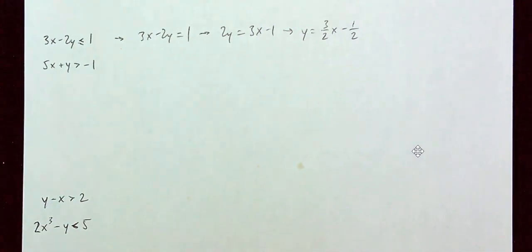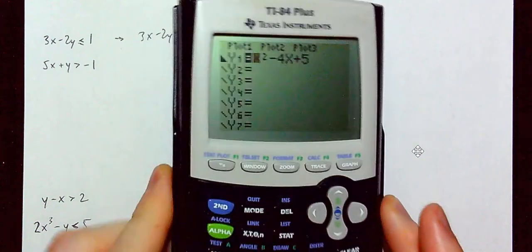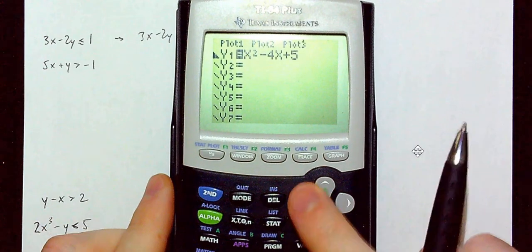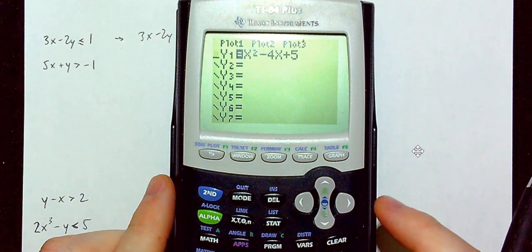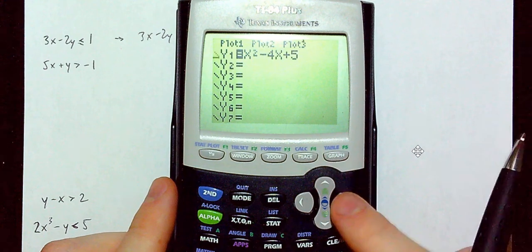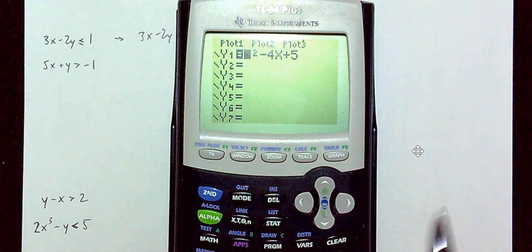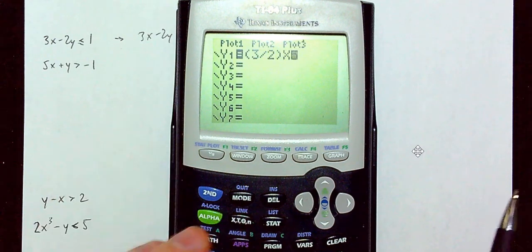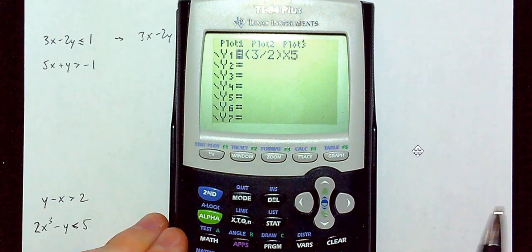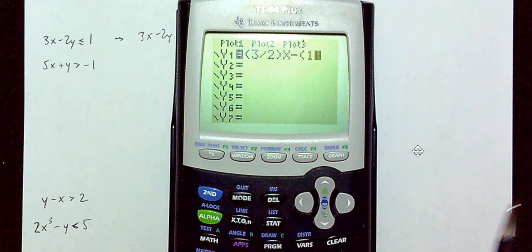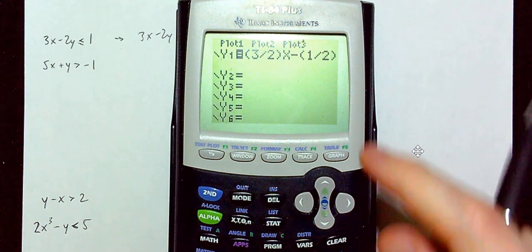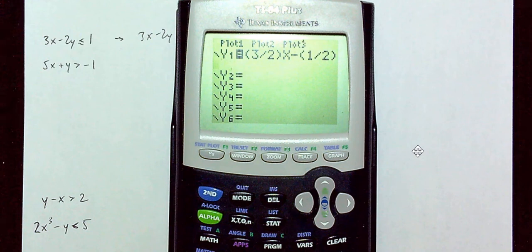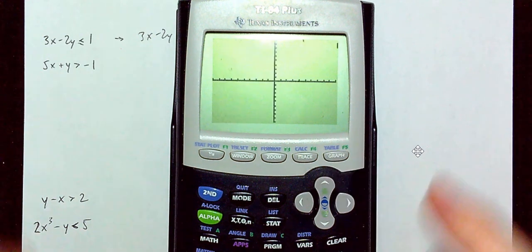And again, I'm going to test a nice point, but let's go back to our calculator here for now. Three divided by 2 times x minus 1 divided by 2, or you could have done 1.5x minus 0.5.